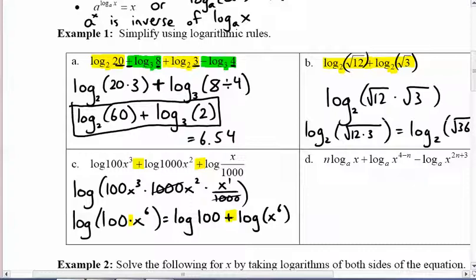Now the power of 6 is only on the x, so now we can take it and make it into a coefficient. Log of 100 is the number 2 because there's 2 zeros. Log base 10 is a 0 counter. And 6 log x. So that would be the simplest form.